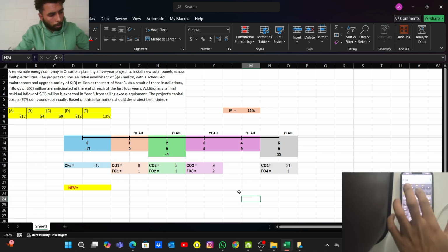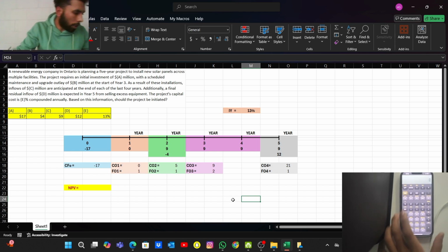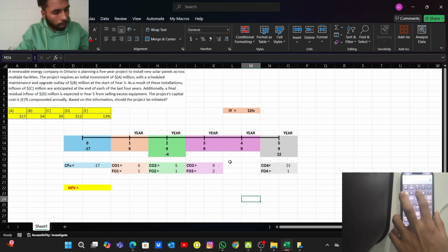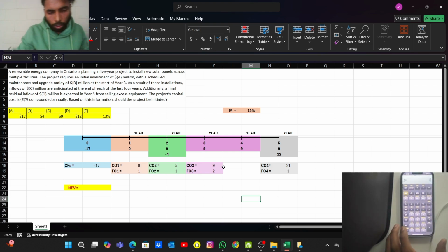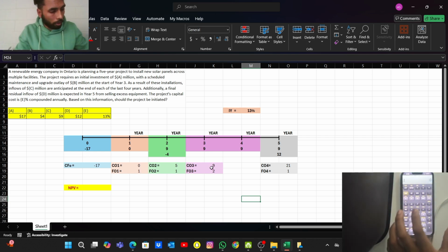After putting every value, clear. Then for I/Y, press the I key, and I is 13, the interest.